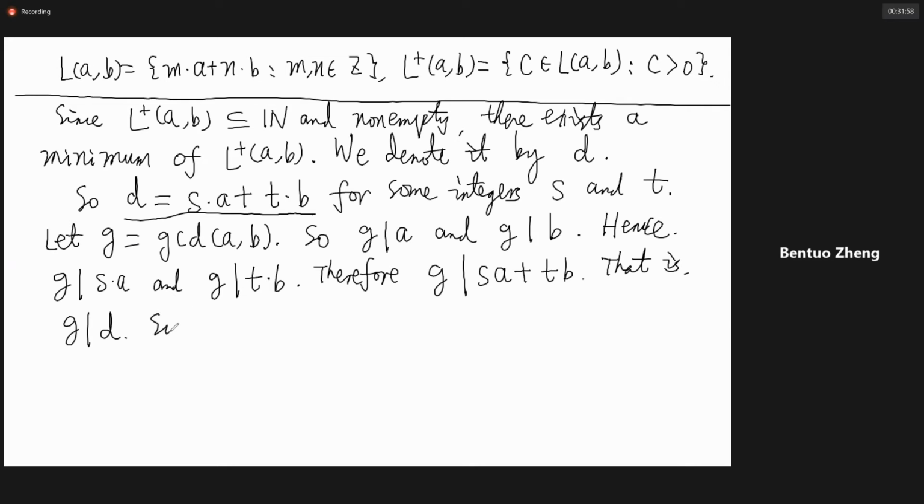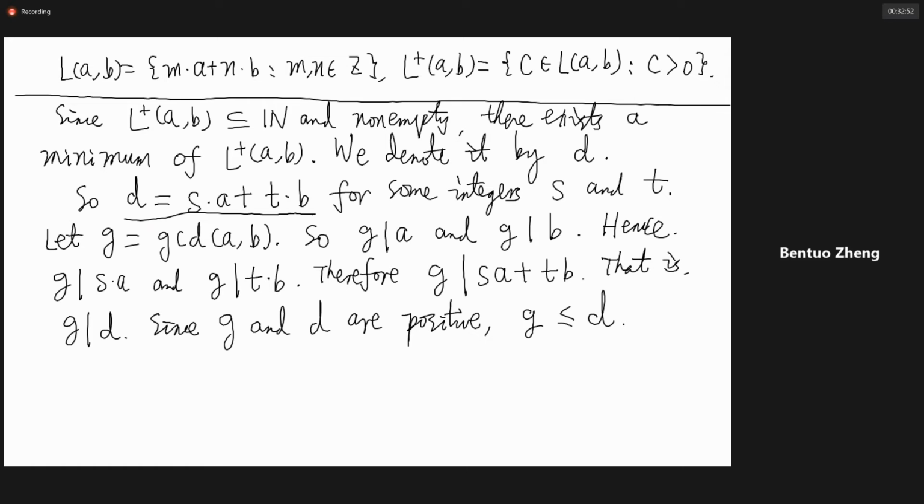Since both G and D are positive, as last time we proved that the greatest common divisor is always positive, and D is a member of L plus of A and B, which consists of all positive linear combinations of A and B, G dividing D implies that G is less than or equal to D. So we proved one thing: G is less than or equal to D.